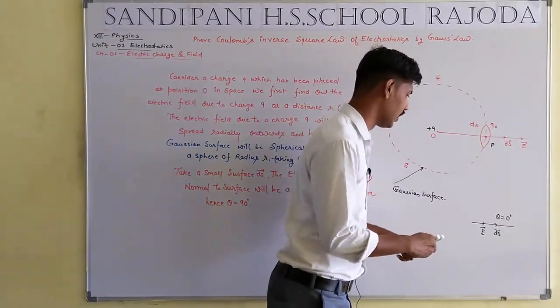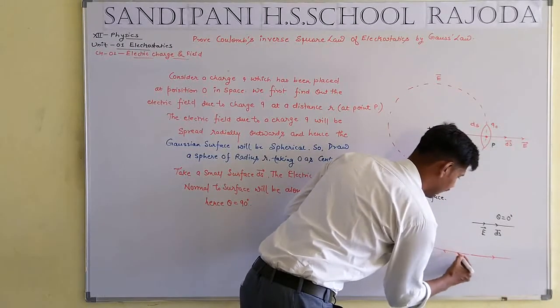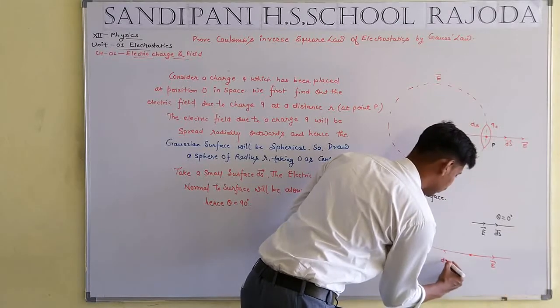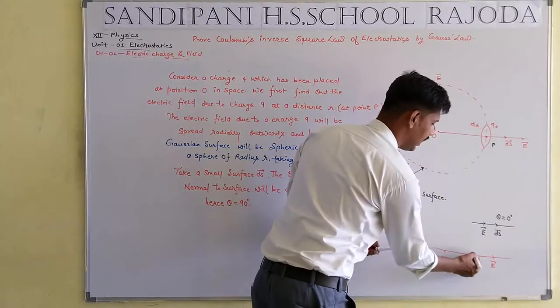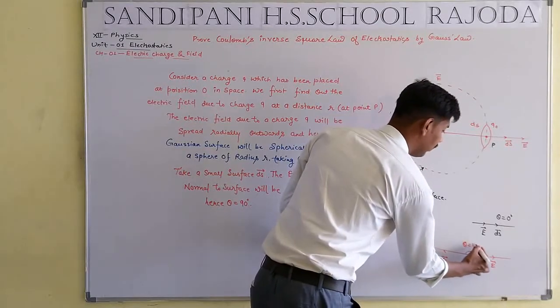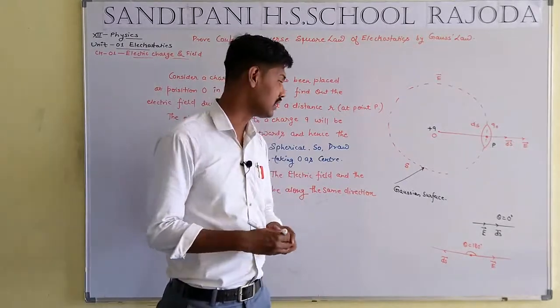But when vector E and vector ds are opposite to each other, here theta will be equal to 180 degrees. I hope, students, you are getting the sentence properly.